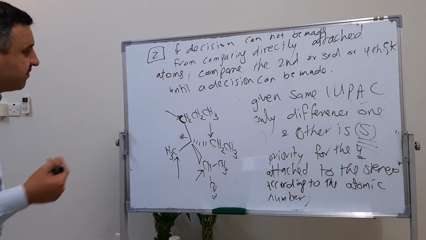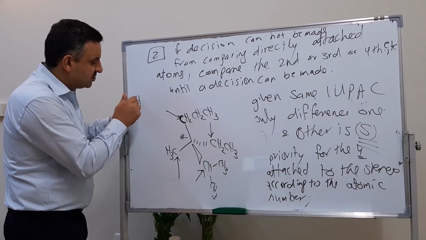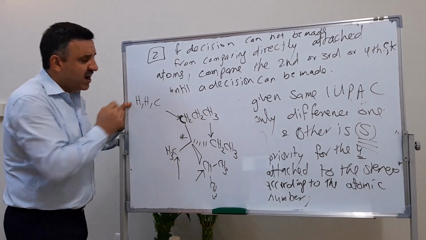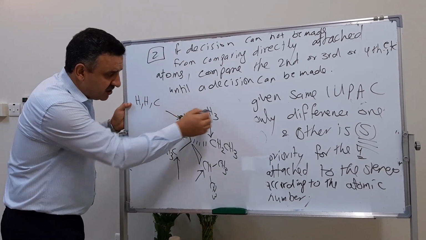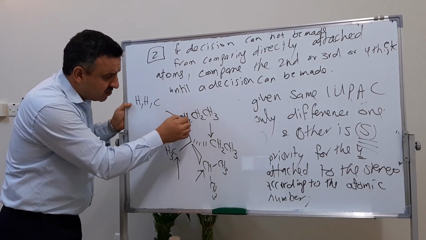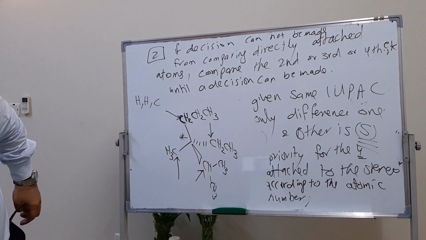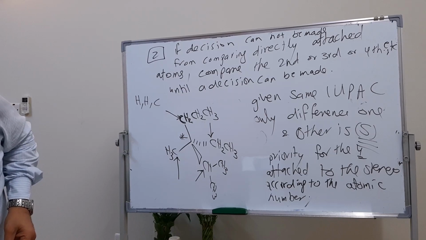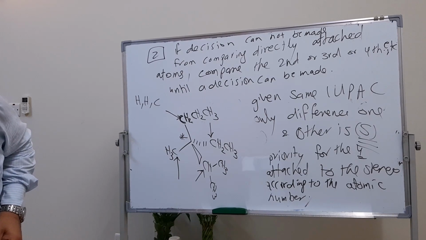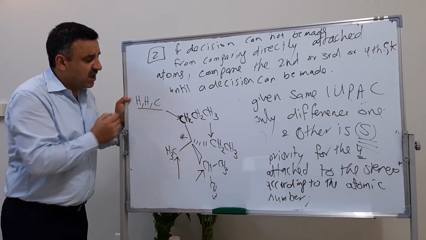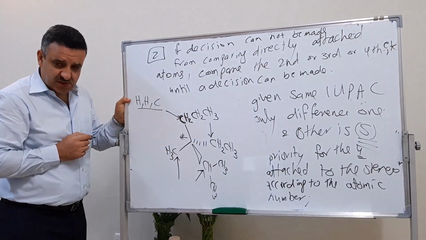We have two hydrogens, hydrogen and hydrogen. Isn't that true? And then we have a carbon. So we have carbon and 2 hydrogens. Perfect, that's absolutely true. So the atoms attached to this carbon are carbon and 2 hydrogens.